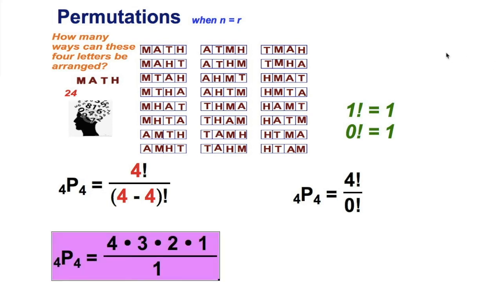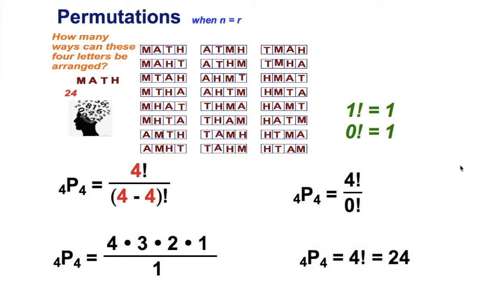Now, that makes all the difference in the world. Because when I expand this, I've got 4 times 3 times 2 times 1. Just like we did in the previous lesson, when we first learned about factorials, this simplifies to being, you divide it by 1, 4 permute 4 is the same as 4 factorial. 4 times 3 times 2 times 1.